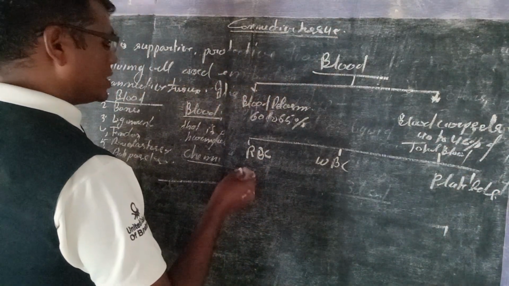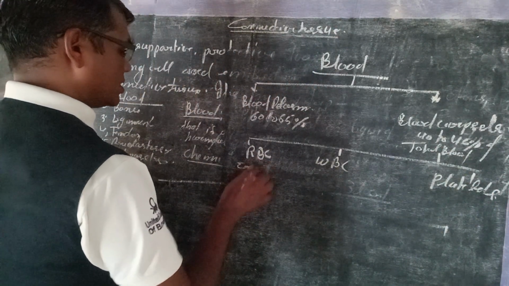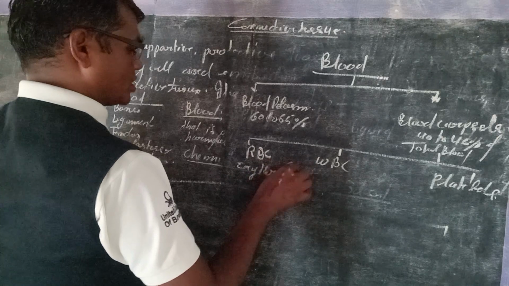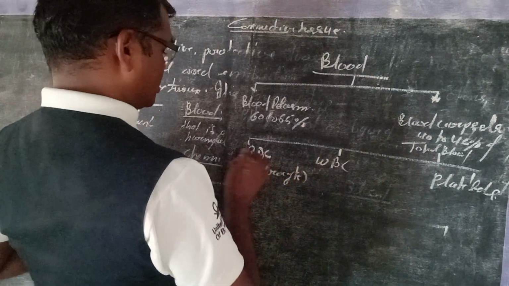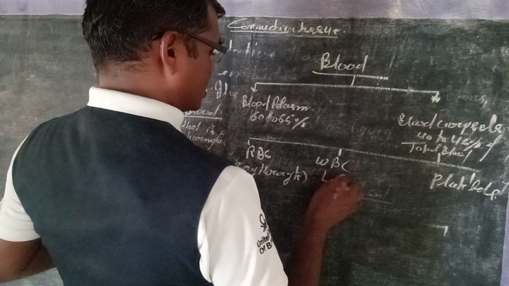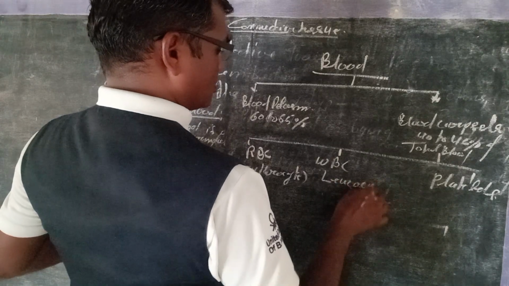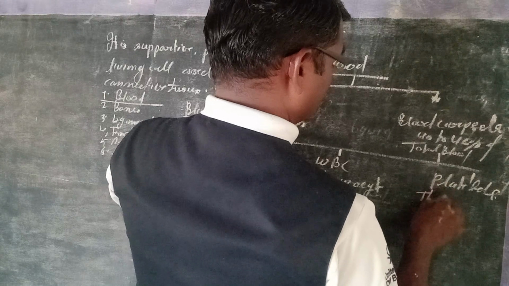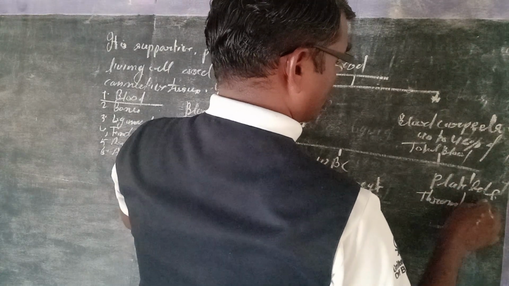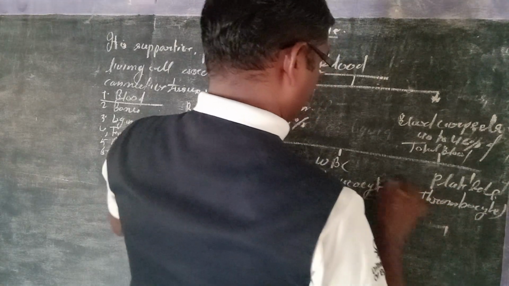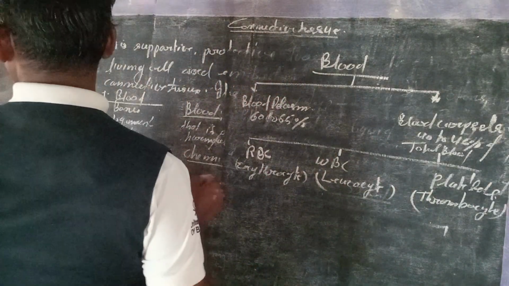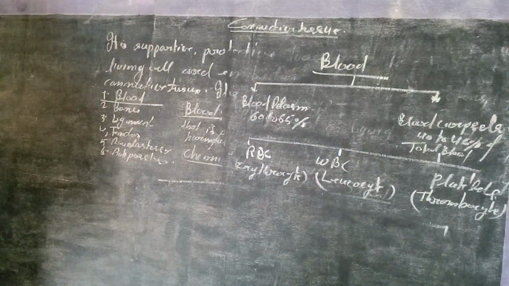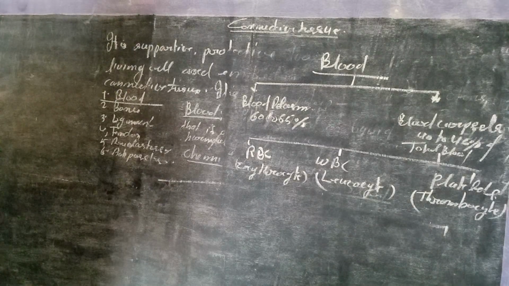RBC is also known as erythrocyte, WBC is leukocyte, and the platelets are thrombocytes.